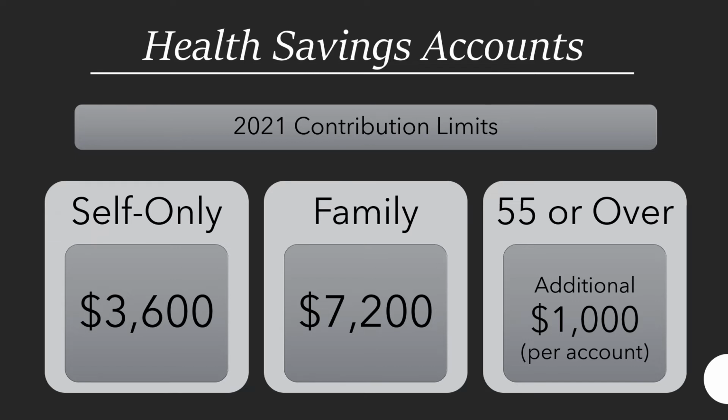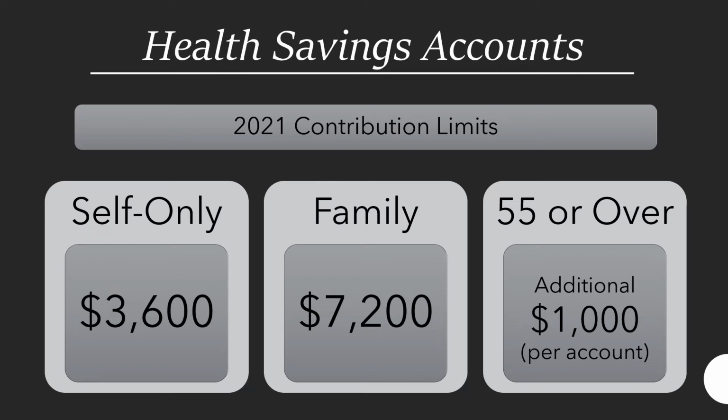So if you have married individuals filing jointly, things can get a little complicated. I would refer you to Publication 979. If you have married individuals and they have two health savings accounts, you'll want to look in that publication to help guide your process.